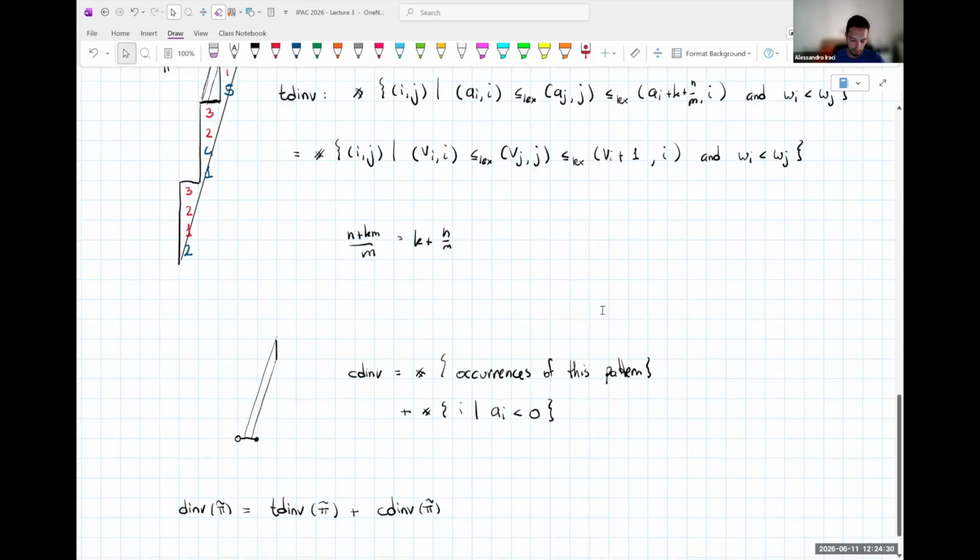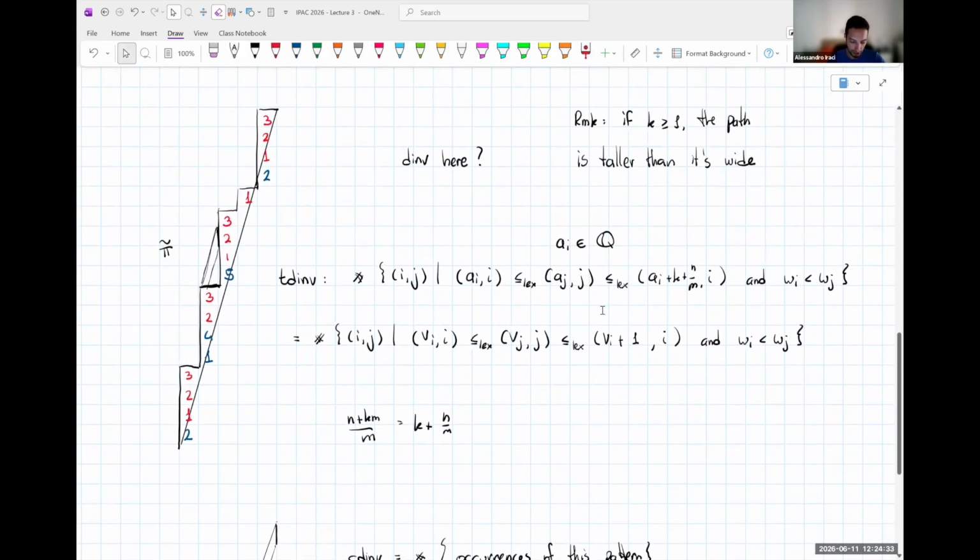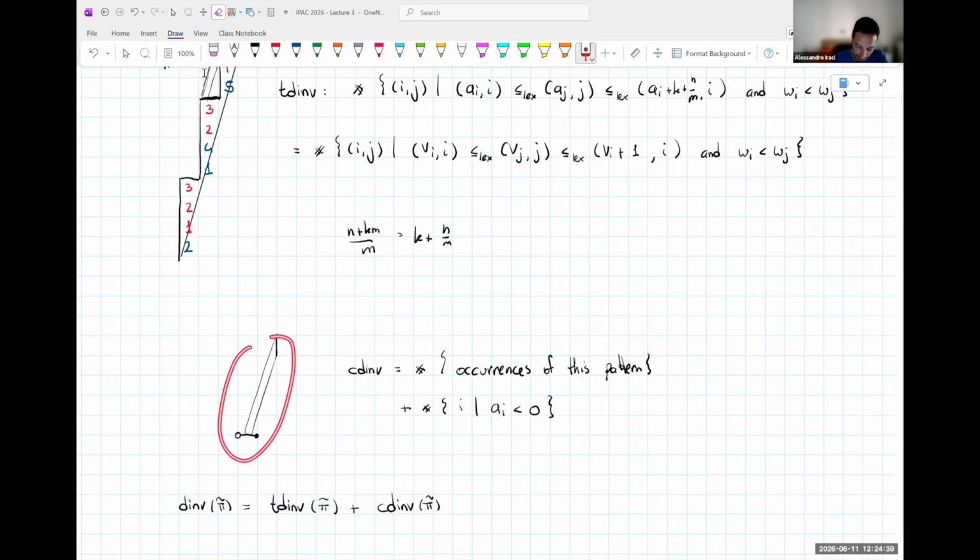This is what's sort of happening. This condition here is the same as, okay, you look at this guy, you look at this guy, and then check if the arm and the leg have the right inequalities. And then this gives you too much because you're also adding the max tdinv.